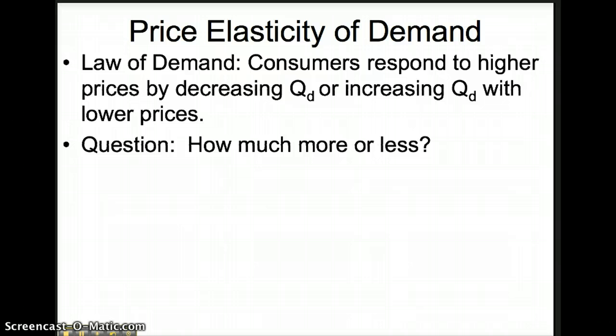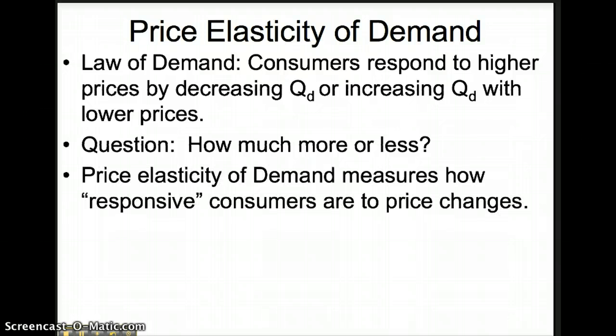The question that we want to answer is by how much more or less does quantity change? Does a 5% change in price result in a 3% change in quantity demanded or a 13% change in quantity demanded? Price elasticity of demand measures how responsive consumers are to price changes.